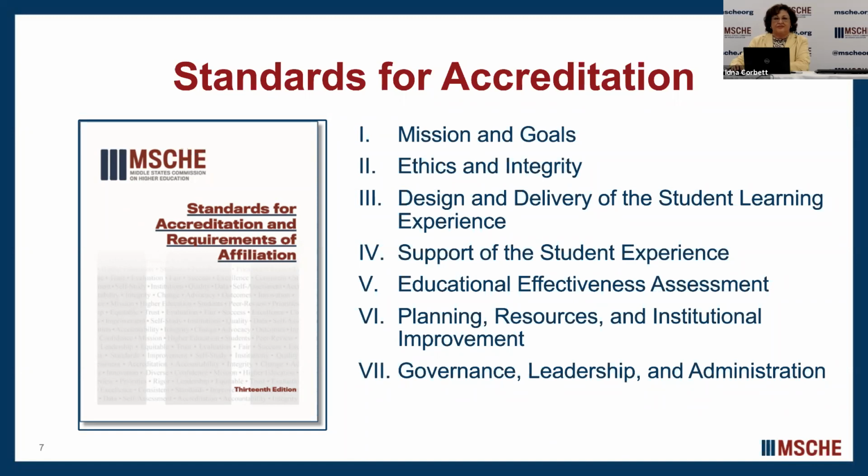The standards which have caused the most follow-up in the past 3 years are standard 5, educational effectiveness assessment, and standard 6, planning, resources, and institutional improvement. We've also had some non-compliance issues related to standard 2, ethics and integrity, and standard 7, governance, leadership, and administration.